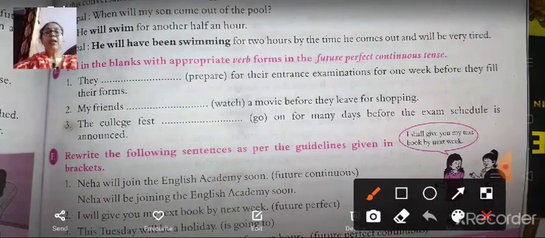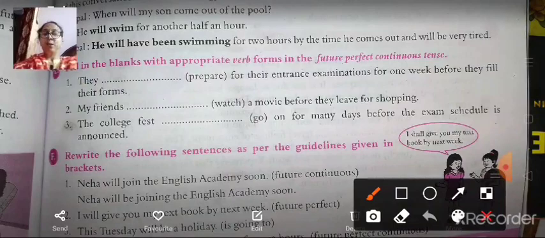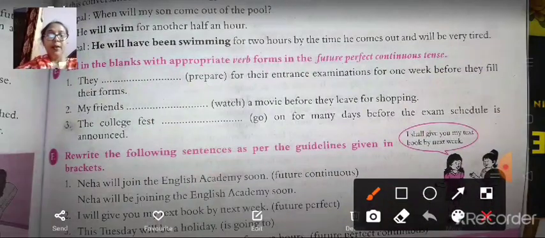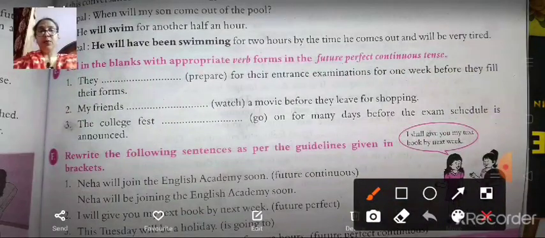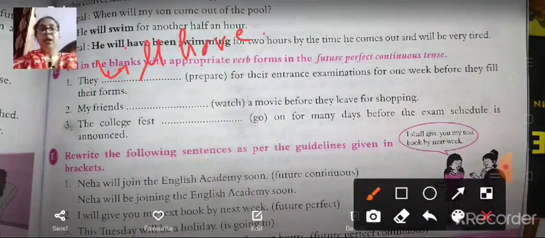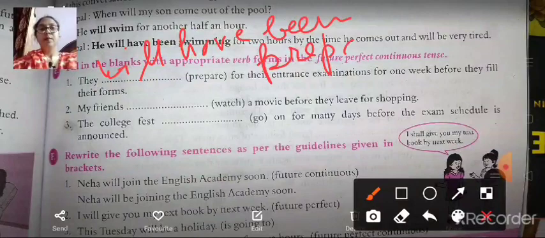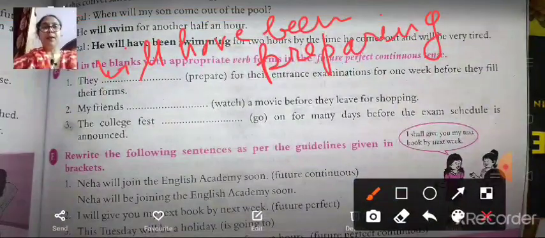Now the verb is given: prepare. They, for their entrance examination for 1 week before they fill their forms. Here we are going to write will have been preparing.